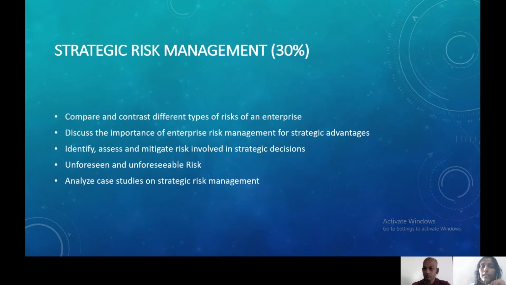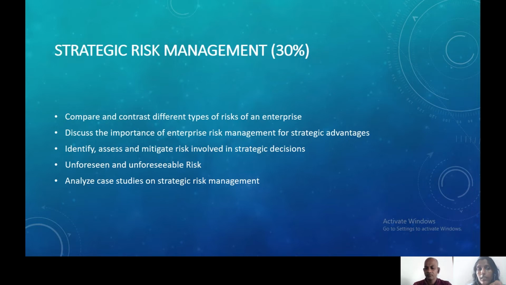And then strategic risk management. Now the strategic business strategy formulation and the strategic management process is done with the previous topic, and this is a completely separate one, but it's also related to strategy. Strategic risk management is 30% of your syllabus, and here you are going to learn what the risks involved in an enterprise are and the importance of enterprise risk management, right?